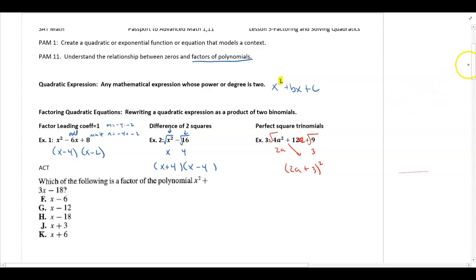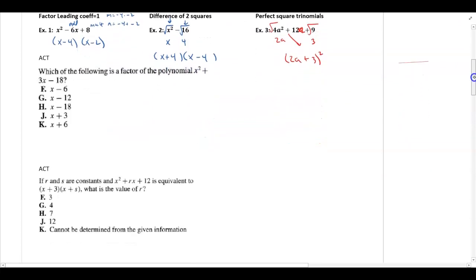Okay, so let's take a look at what we have here. The first problem, it says, which of the following is a factor of the polynomial x squared plus 3x minus 18? That's very similar to the first question we did. What multiplies to give you -18 and adds up to 3?